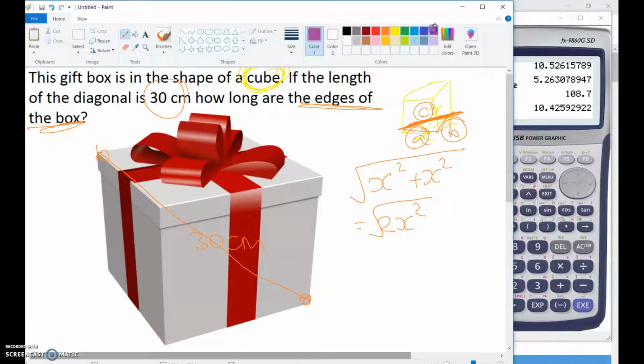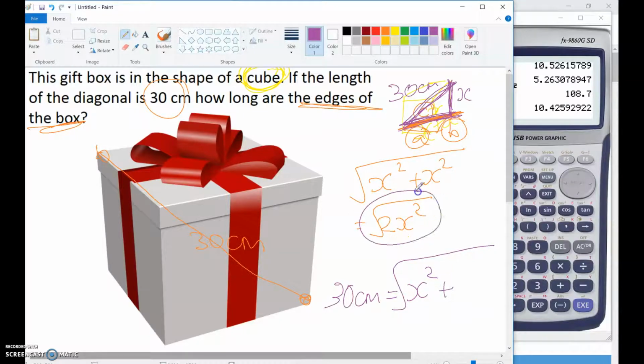Now I need to look at this and this. So I know that's x, and I'm trying to find this. Oh, no, I know that's 30 centimetres. So I know 30 centimetres equals the square root of x squared plus this squared. Well, if I square that, I just get 2x squared, right? Yeah, nice.